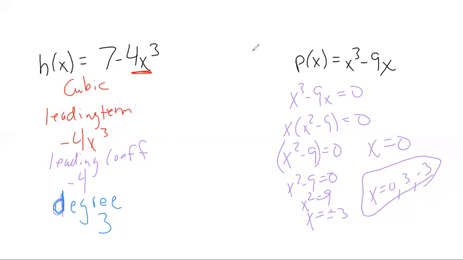All right. Let's look at evaluating these functions. Let's start with this one. P of x is equal to 4x cubed minus 5x squared plus 7x minus 9. They say find P of 2.